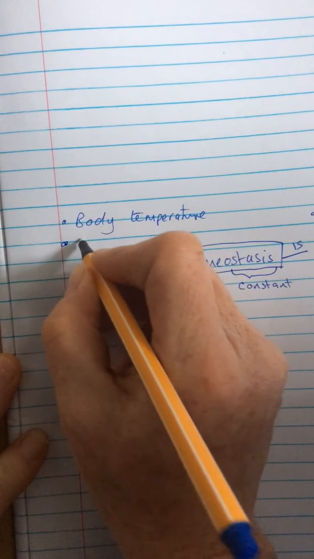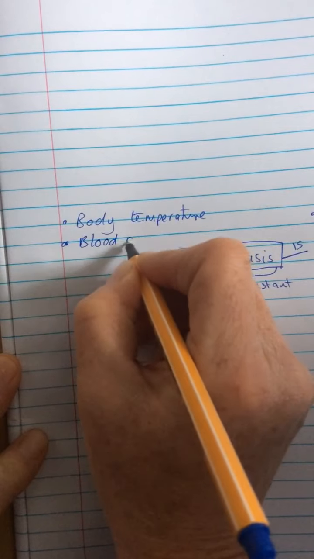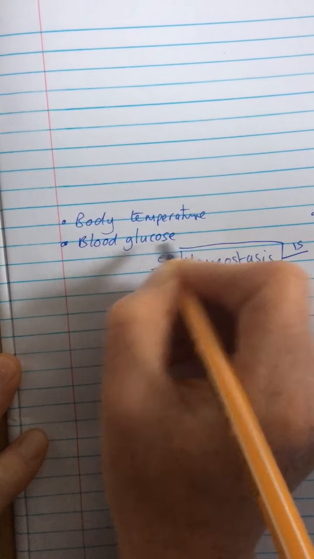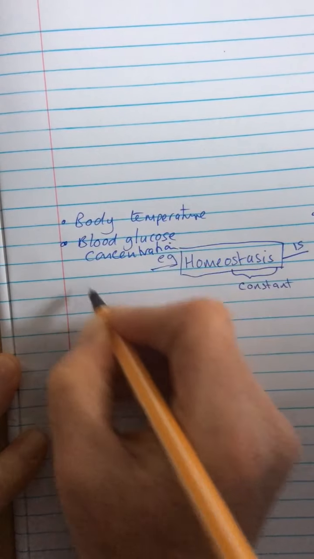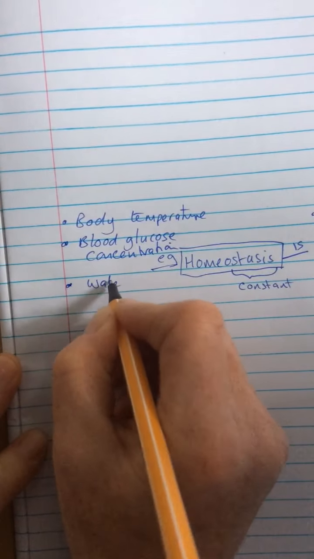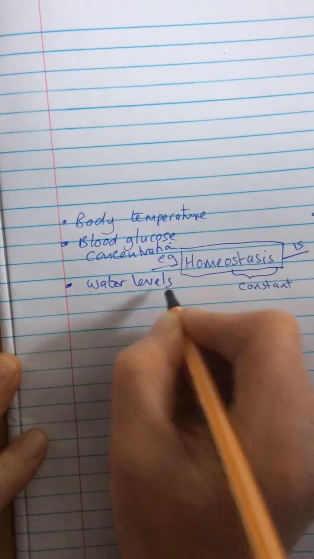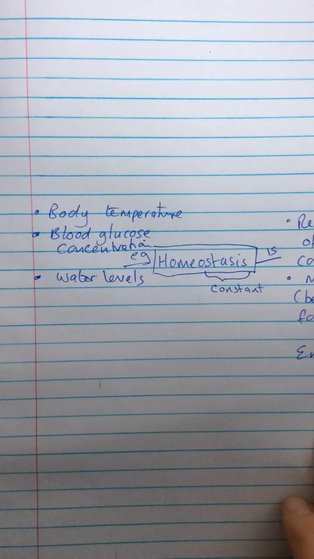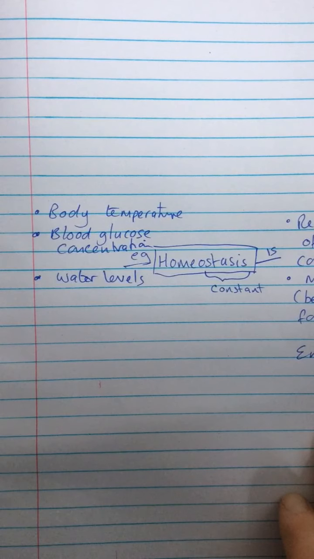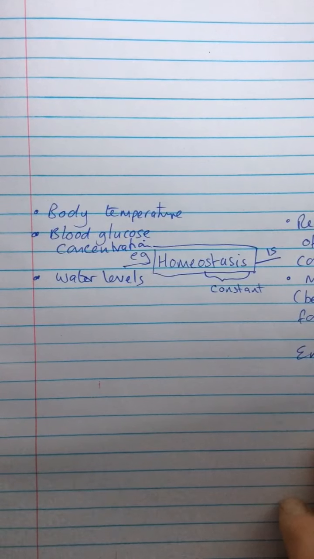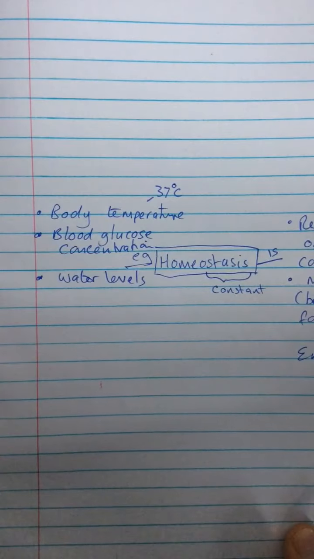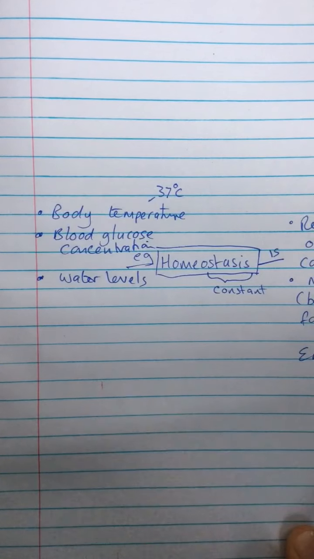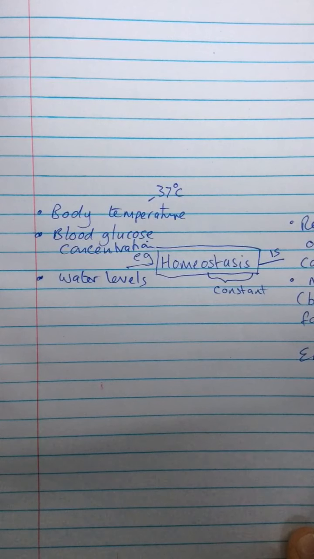We need to maintain blood glucose or blood sugar concentrations. And the third thing we need to maintain is water levels. Okay, so within your body, things that you need to know that you maintain are your body temperature, which we maintain at 37 degrees. I think you probably know that, 37 degrees C. Your blood glucose concentration, your water levels, they must all be maintained.